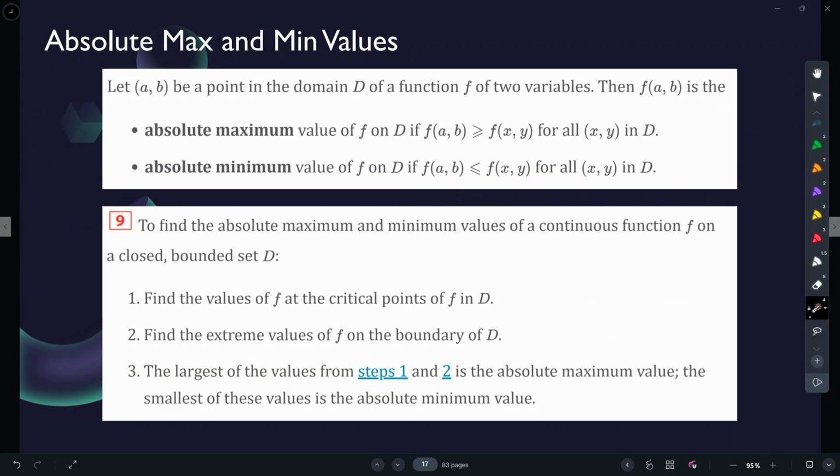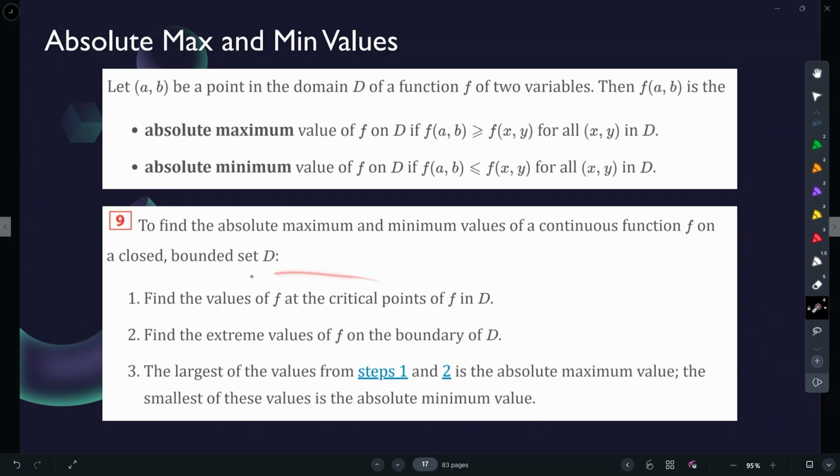How we are going to do that, we're going to do it in 2 steps. We're going to find the critical points. If you're just trying to find the absolute max and the absolute min, you actually don't need to classify the critical points at this point, because there's a theorem that tells me the absolute max and absolute min will be at one of those critical points or somewhere on the boundary.